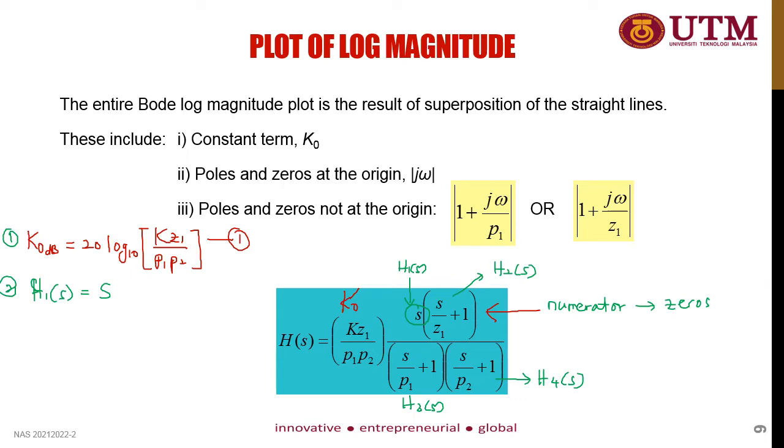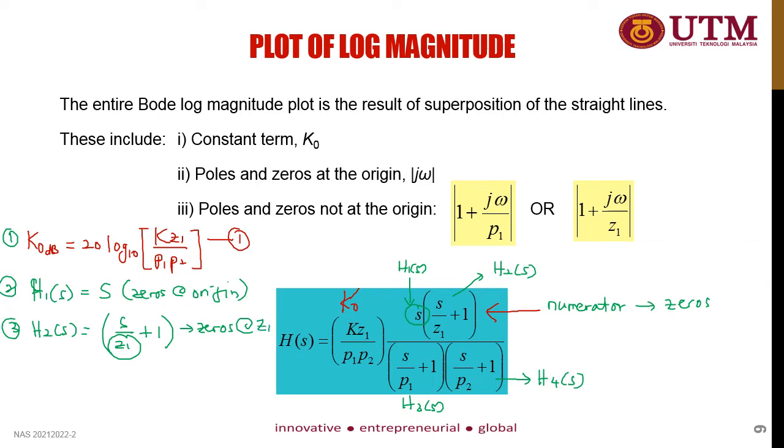If it is outside the bracket, you have zeros at origin. The third component, you have h2s equal to s over z1 plus 1. Here, since it is numerator, it is zeros, not at origin, but at z1.